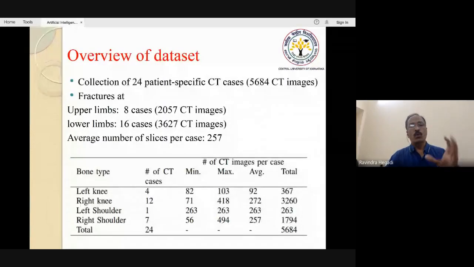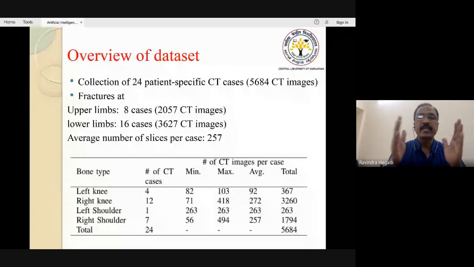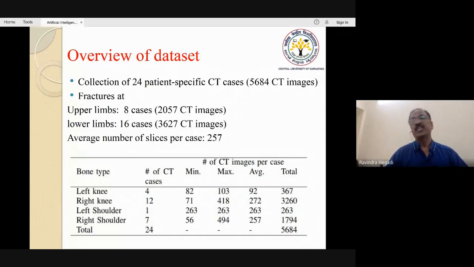If we look at the overview of the data we have collected, it is 24 patients' data, and the entire CT comes to 5,684 CT images.